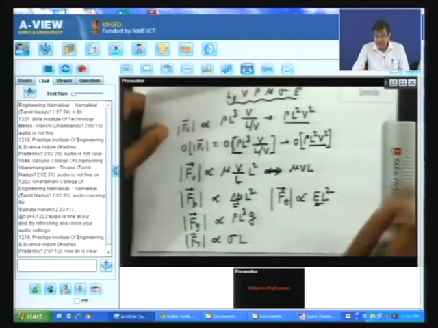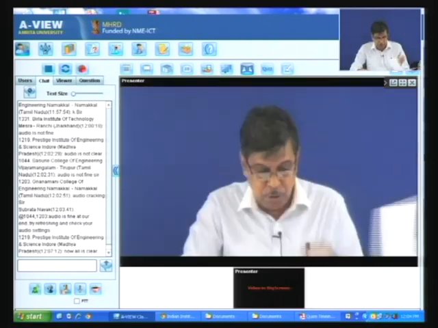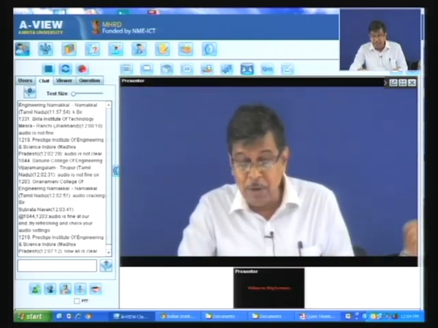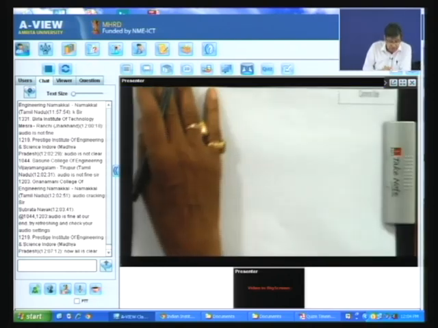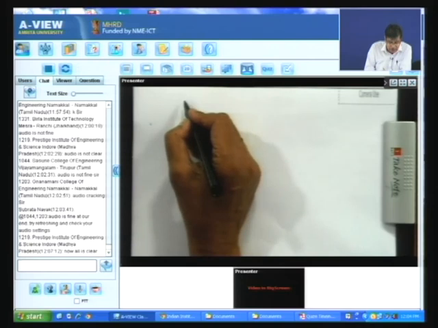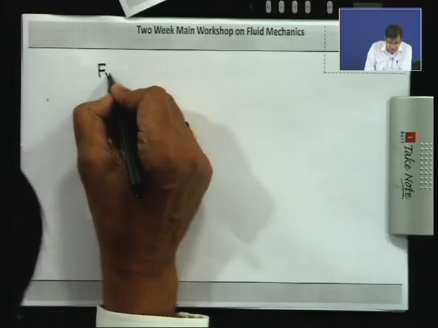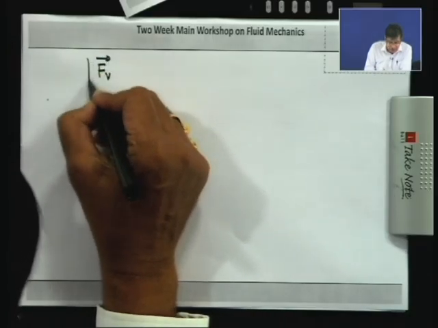Now, with this type of representative magnitude, if we try to find out the ratios, for dynamic similarity the ratios have to be the same. Let us consider the ratio of all forces with respect to inertia forces.